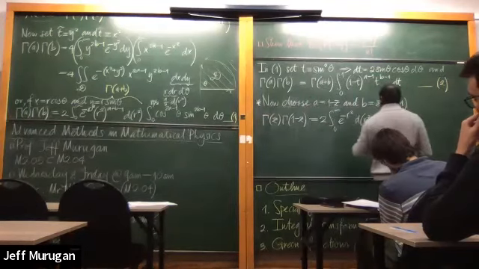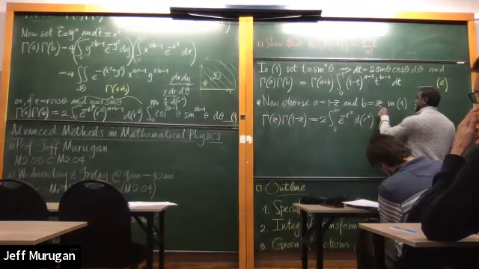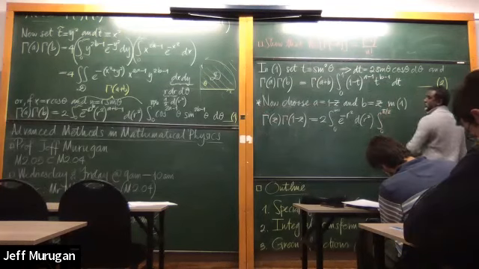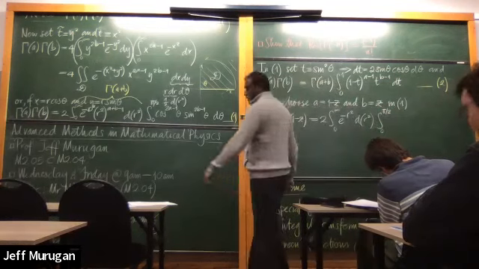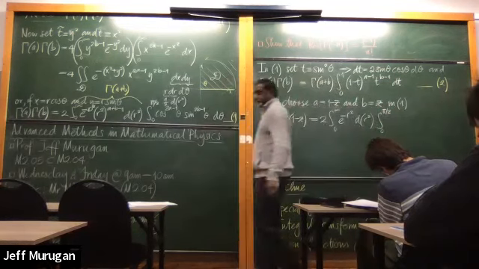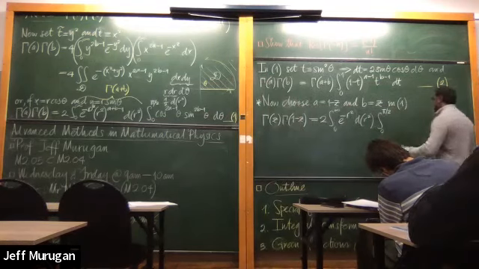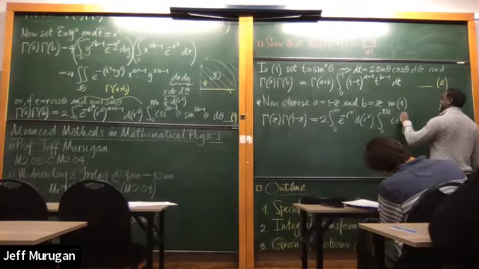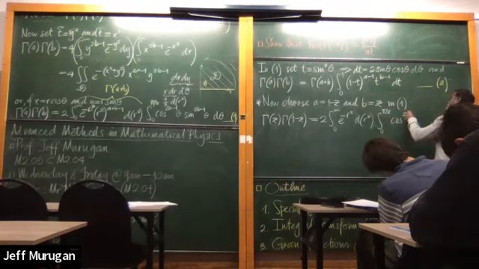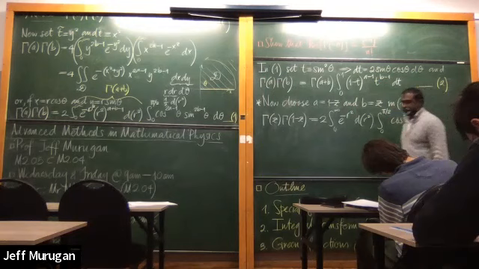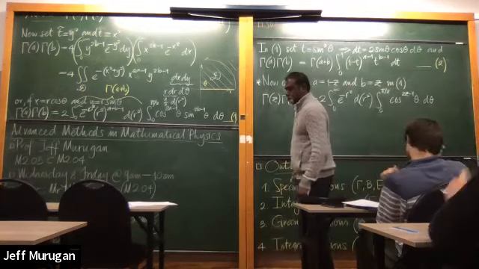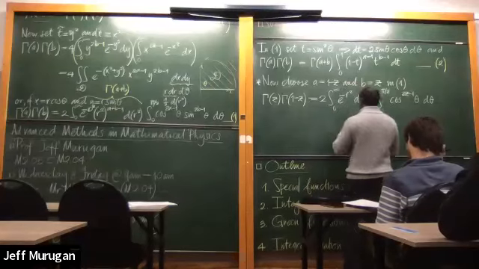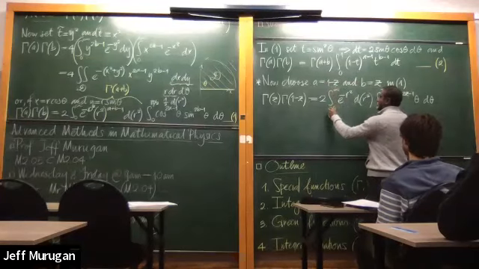On the other hand, the remaining integral from 0 to pi by 2 is just cot to the 2z minus 1 theta d theta. The exponential integral, as we've done before, is just 1.